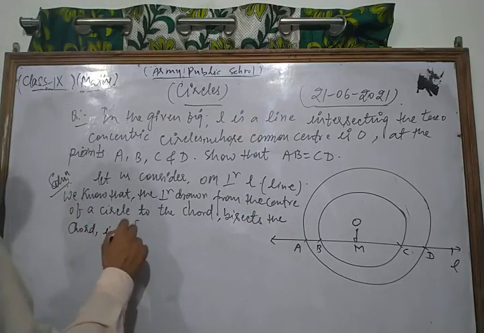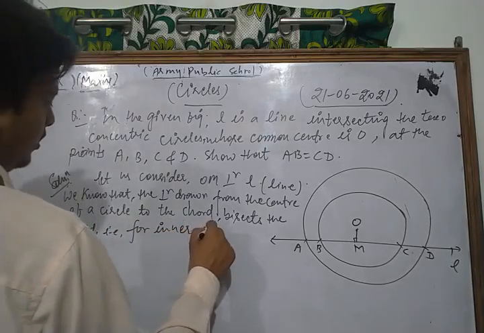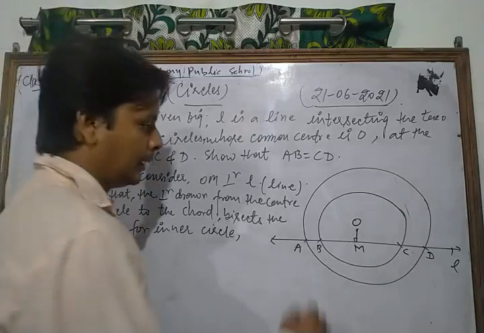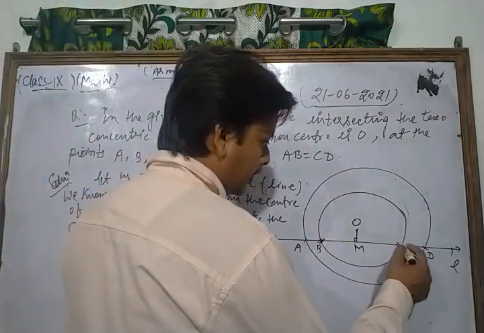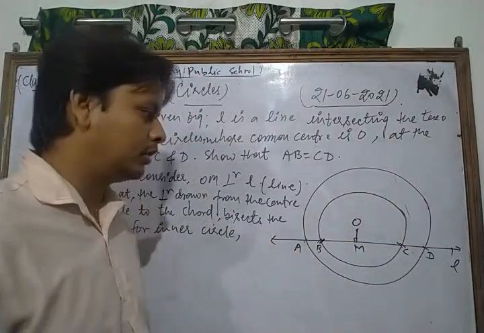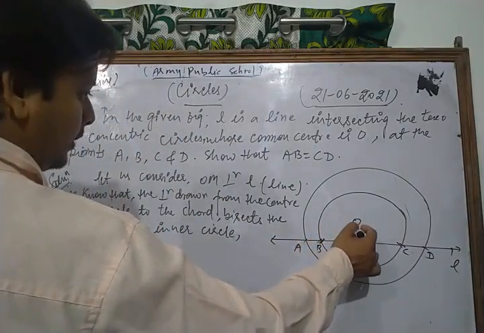Dear students, for the inner circle, BC is a chord. So we know that the perpendicular drawn from the center of the circle bisects the chord.